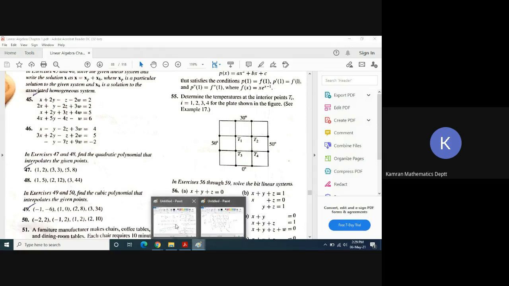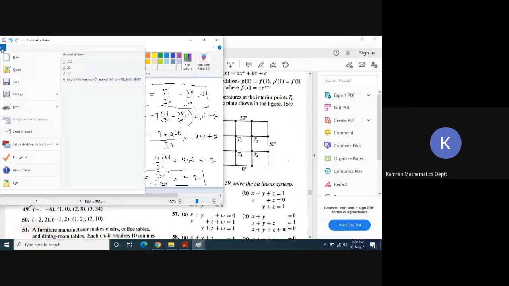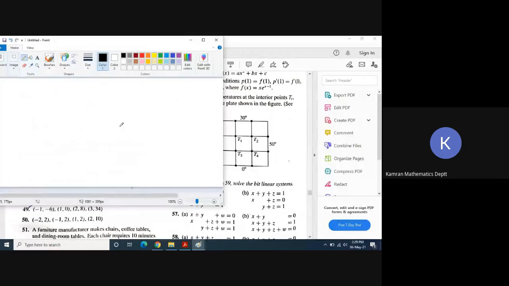We will start by assuming let y is equal to ax square plus bx plus c be the required polynomial. Actually, a, b, c are unknowns. This is the required polynomial.